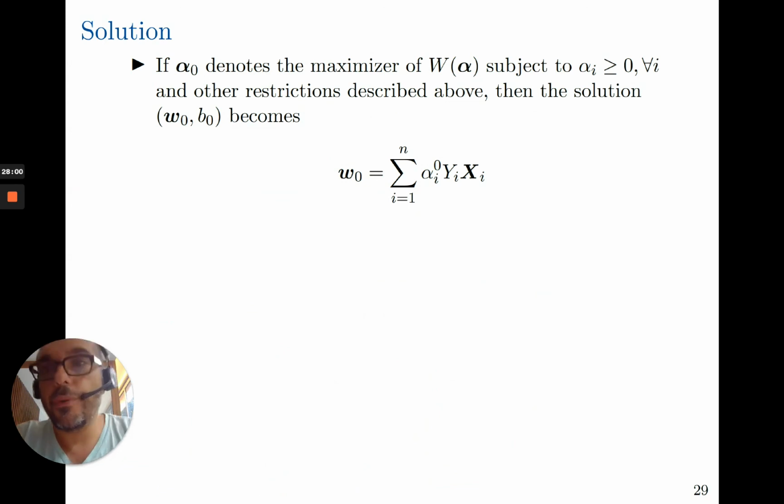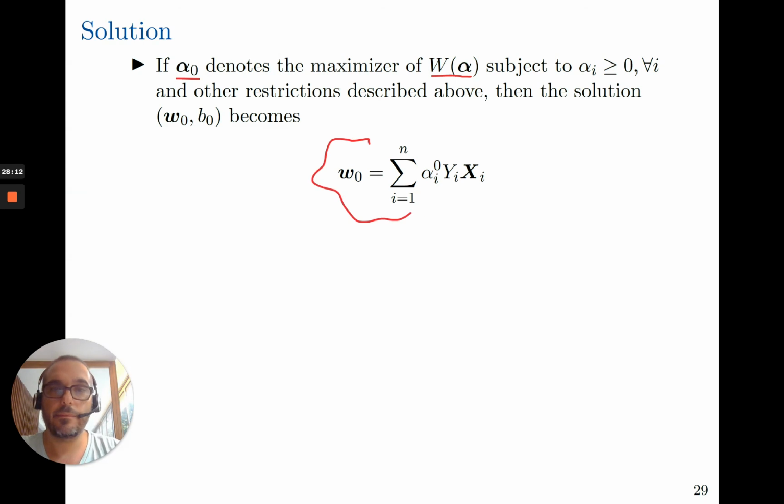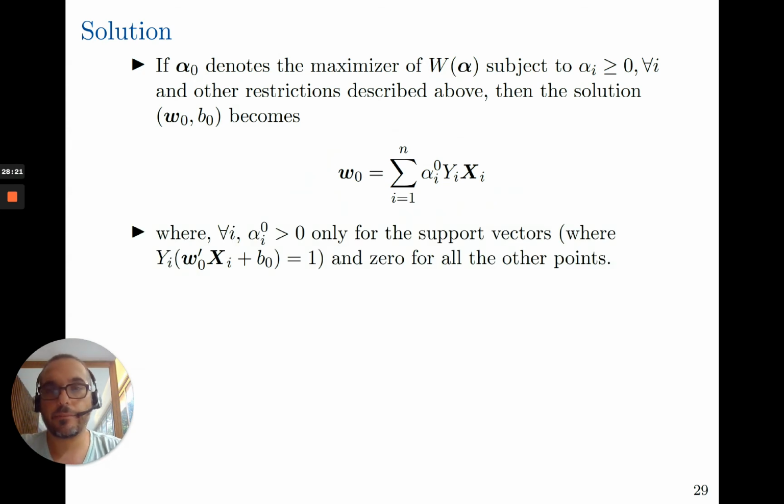Therefore, if we define alpha naught as the maximizer of the previous function, W of alpha, then the solution, the optimal hyperplane, is given by this function. For every i, alphas are positive only for the support vectors, and will be 0 for all the other points.